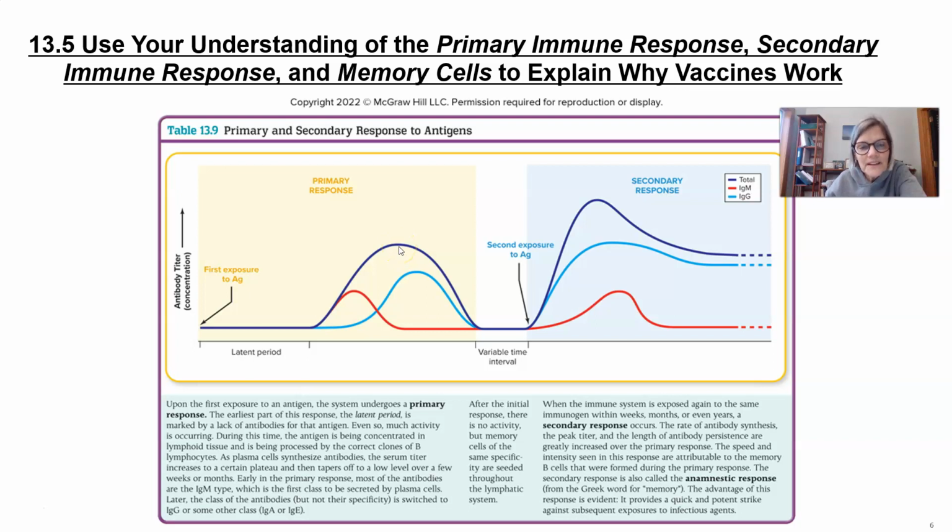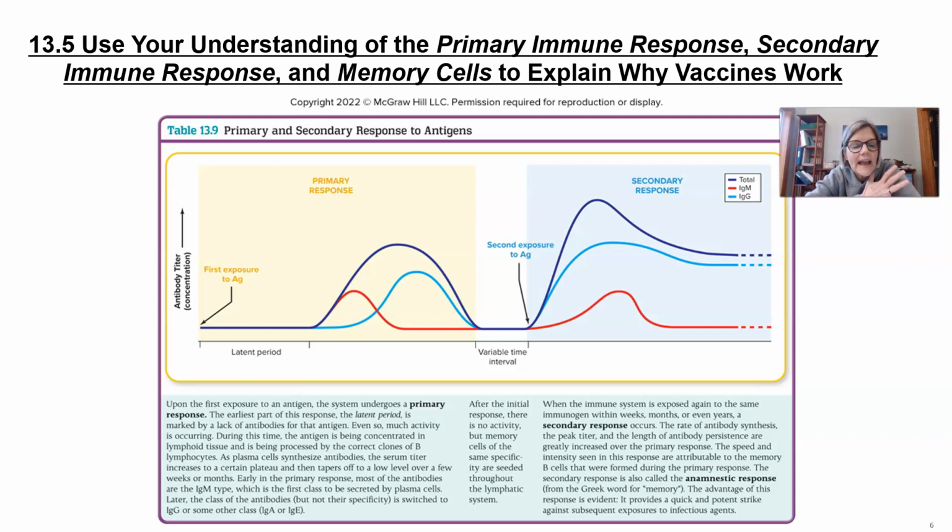The big important thing about the primary immune response is that you've made antibodies, and that's really good. Your body's made antibodies to fight off the pathogen. But the other thing that those B lymphocytes are making is memory cells, and that's here. Memory cells are a certain kind of B lymphocyte that can last in the blood sometimes up to decades.